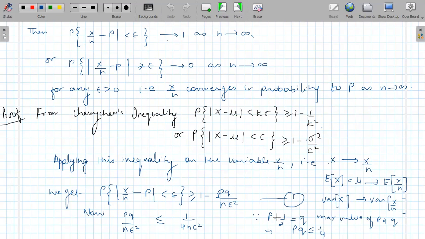What can this be equal to in terms of tossing of a coin? What can be the maximum value? The sum of p and q is 1. Leave the coin aside, tell me what the maximum value of p and q can be. It can be half and half. This means the product of these two will be less than or equal to 1/4. So this expression pq by n epsilon square will be less than or equal to 1/4 n epsilon square.